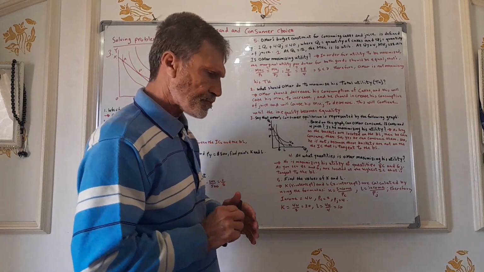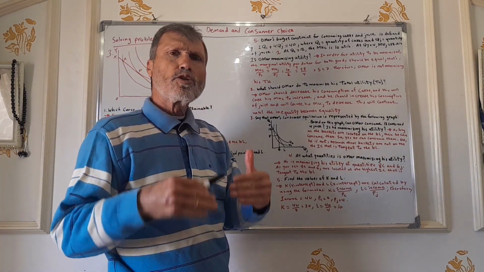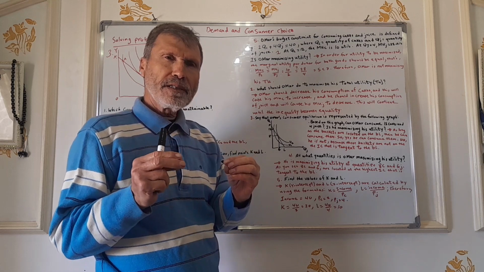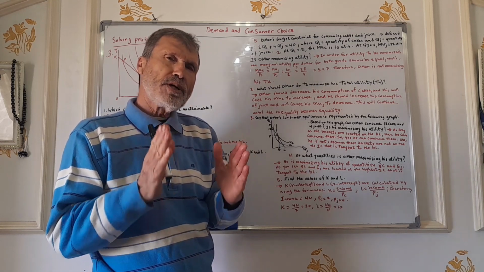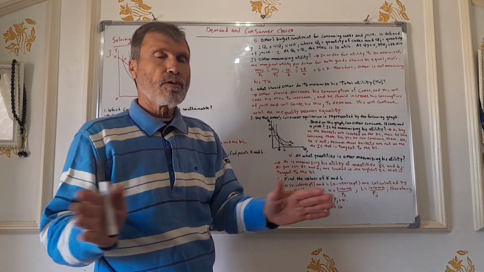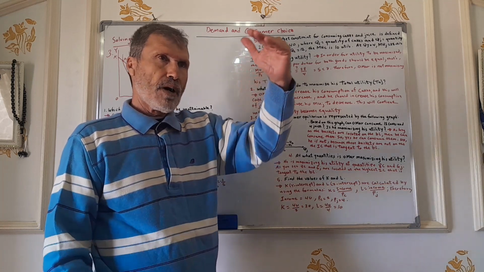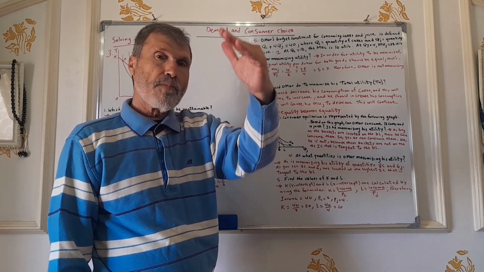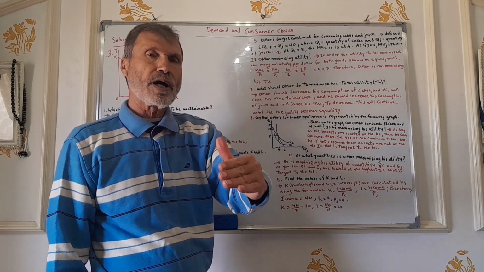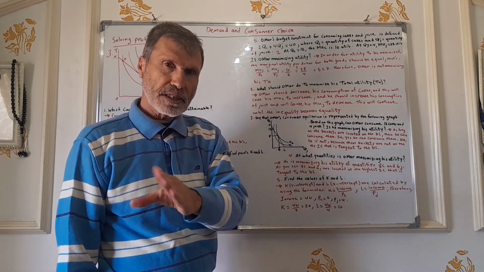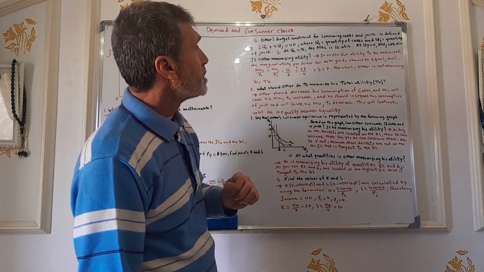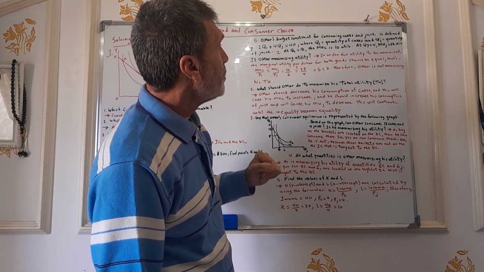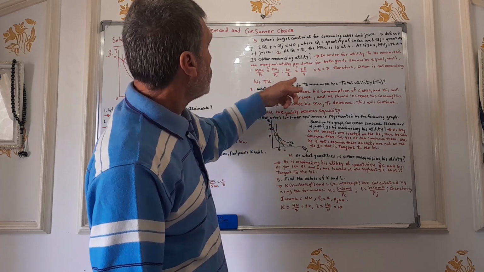For utility to be maximized, remember that the marginal utility per dollar for both goods should be equal to each other. That is, marginal utility of cake over price of cake should equal marginal utility of juice over price of juice, as we did in the discussion of this chapter in the previous video. Now we put that in the formula.